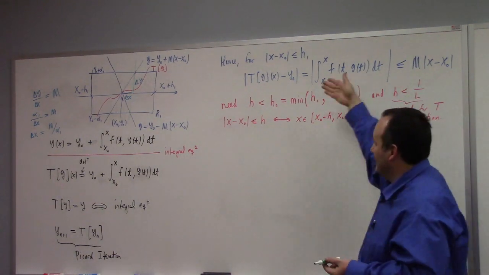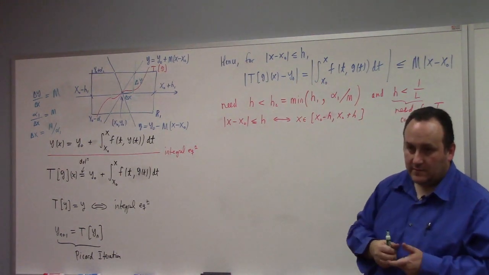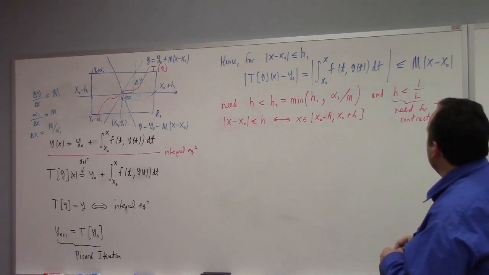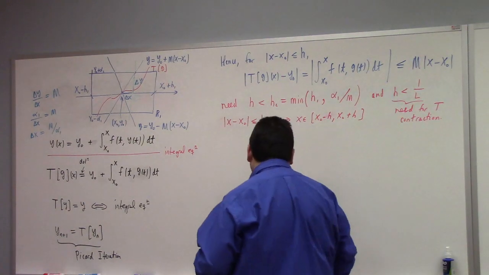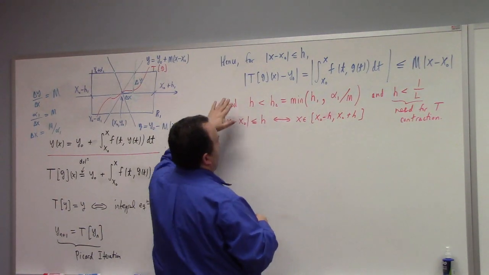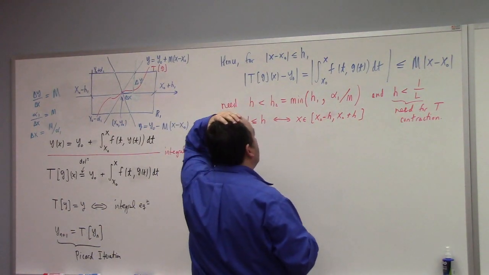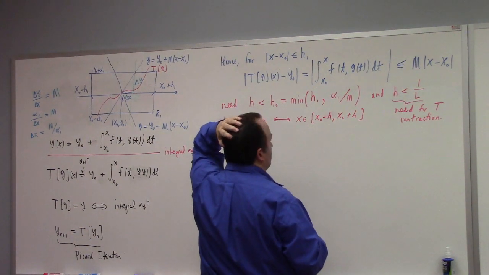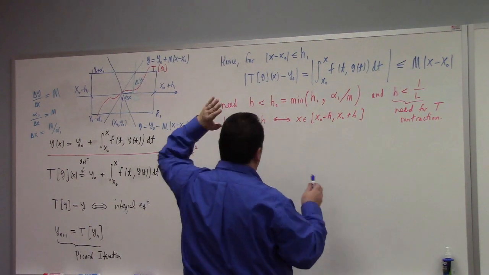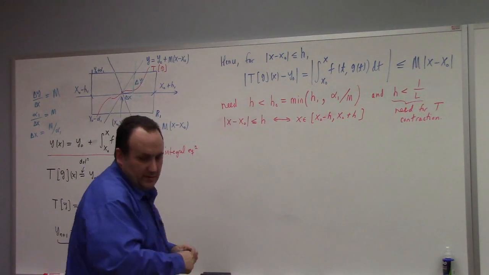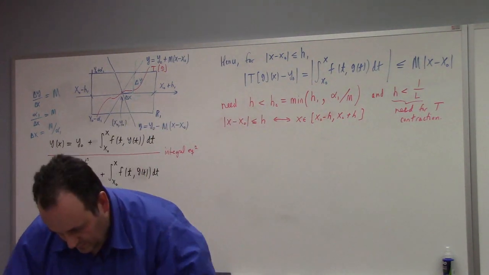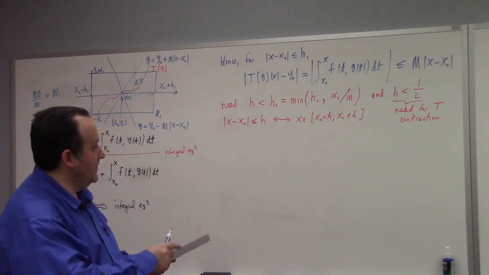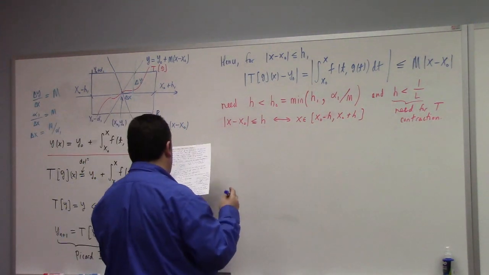This estimate right here says that the slope of T of G is not less than M. Golly, all right, enough. So we have that. And the reason for putting the h less than 1 over L will be clear soon enough.